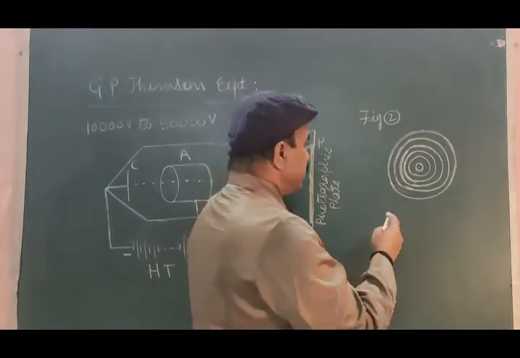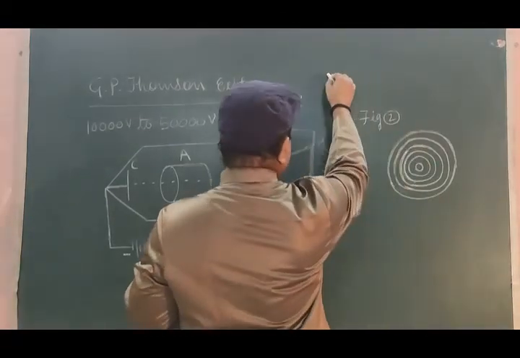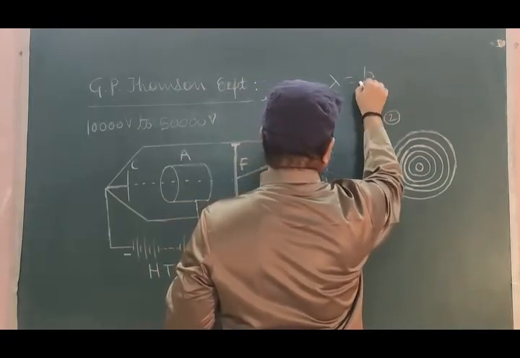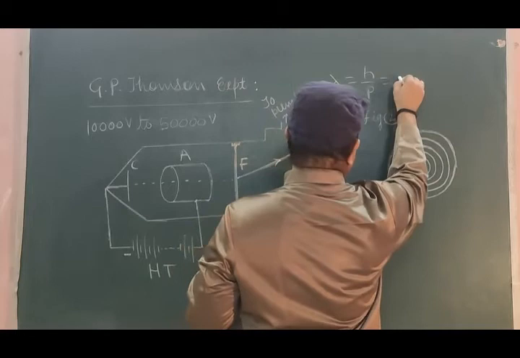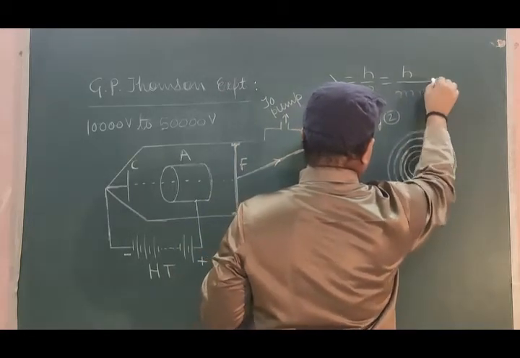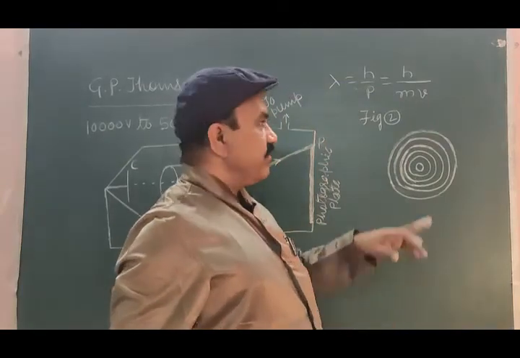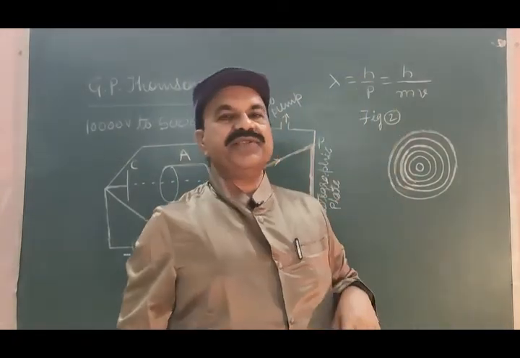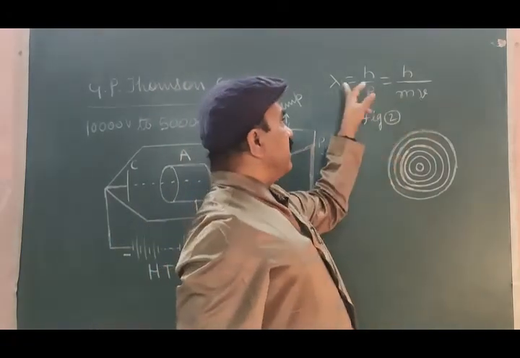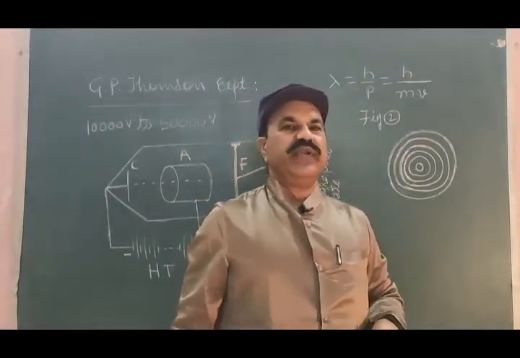You know, from the de Broglie hypothesis, lambda is equal to h divided by p, that is h divided by mv. If m is constant for simplicity, this lambda is inversely proportional to v.